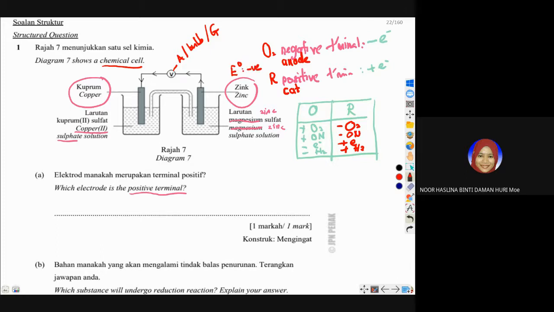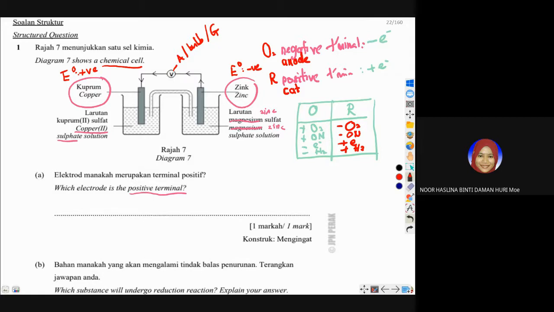The E-value of copper is more positive. So between zinc and copper, in the electrochemical series, zinc is higher than copper. The one with the higher position becomes the negative terminal. The one with the lower position in the electrochemical series becomes the positive terminal.